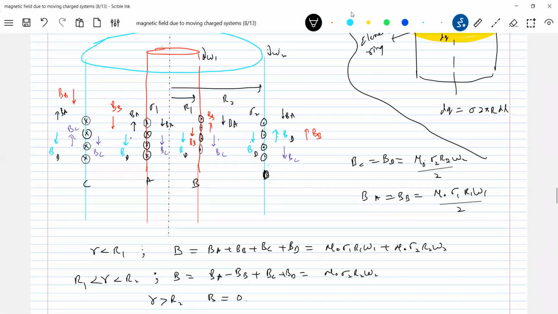Getting the idea? So the superposition. Or else you do one thing, you take the ring method. In the ring method, for calculating the field inside, okay, outside will happen again, a little bit careful. That's why I just took this method.